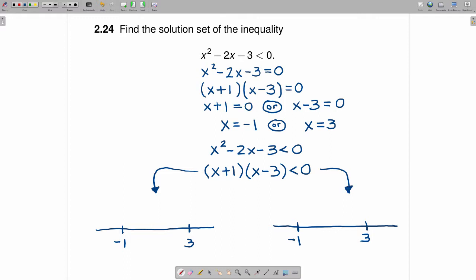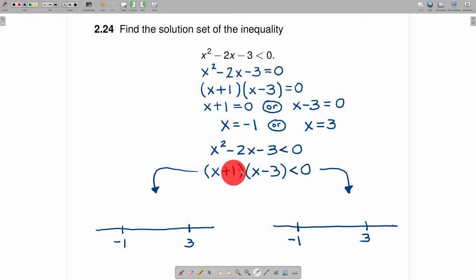But the first way exploits the fact that this thing right here is a polynomial. If this happens to be a polynomial, we can use things called test points. The way test points work is, if you can find any test point between negative infinity and negative 1, and a test point works in there, it will always give you the same result. So let's try a test point here. Let's try, say, negative 2.